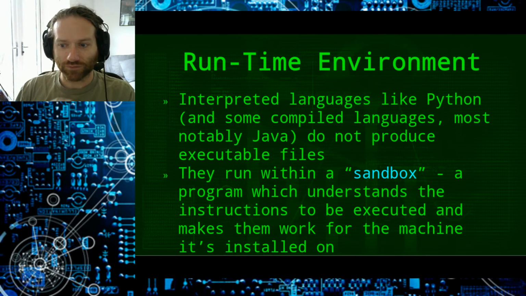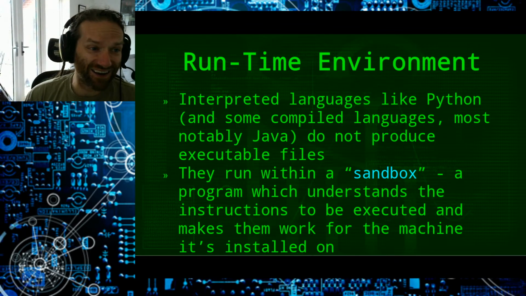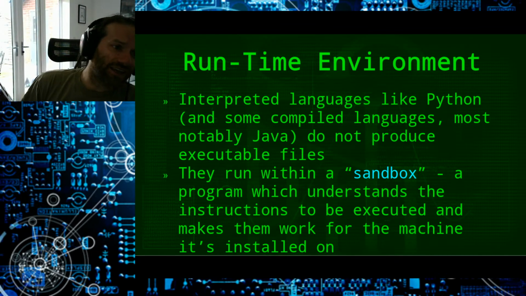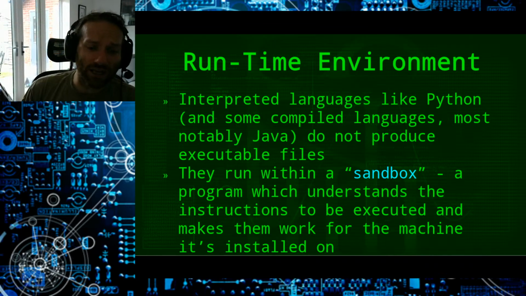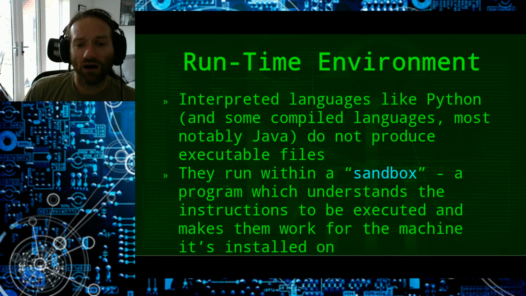So, a program which understands the instructions to be executed and makes them work for the machine that it's installed on. In many ways, it's like an emulator. I can write code on my Linux machine which is designed to run on a Windows machine. And remember when I said that if I compiled code on Linux, it won't run on Windows?